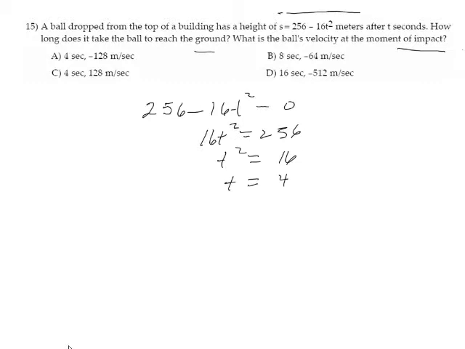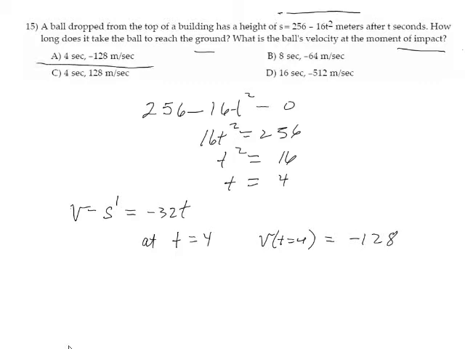Now the velocity is equal to the derivative of the position, which is equal to minus 32t. So at t equal to 4, the velocity is equal to minus 128. So that's answer A.